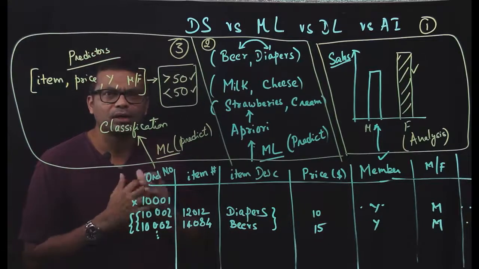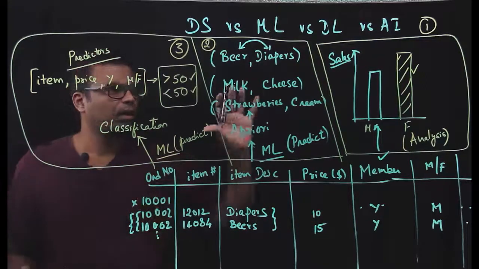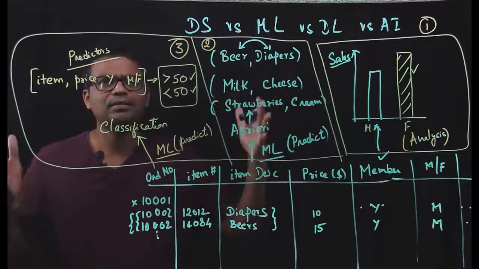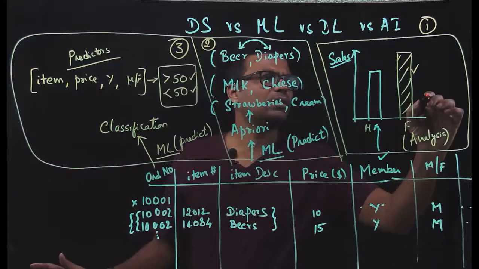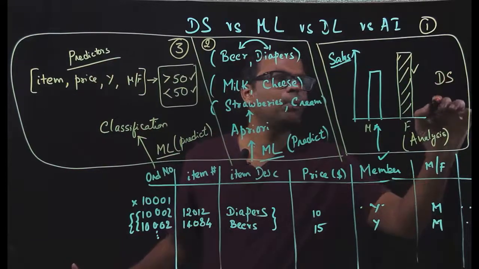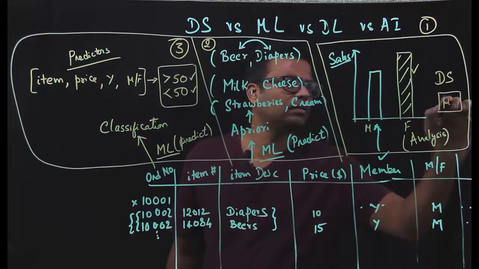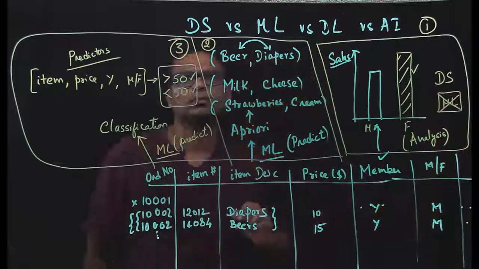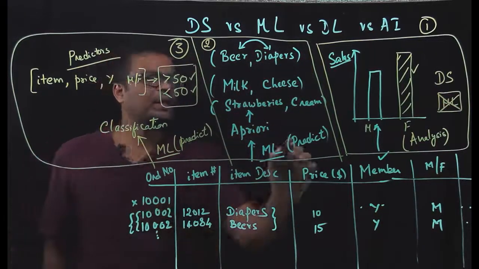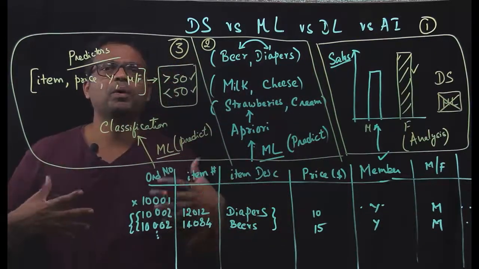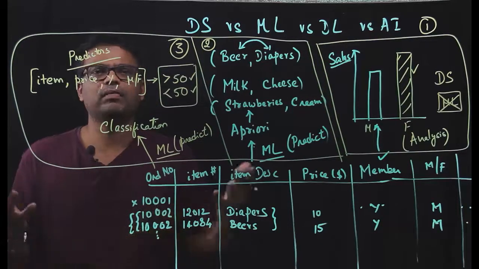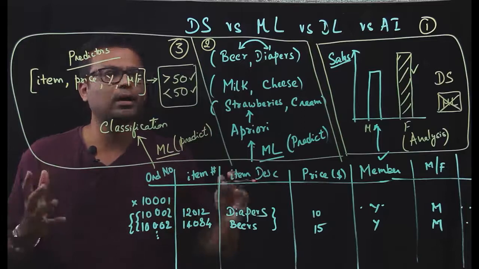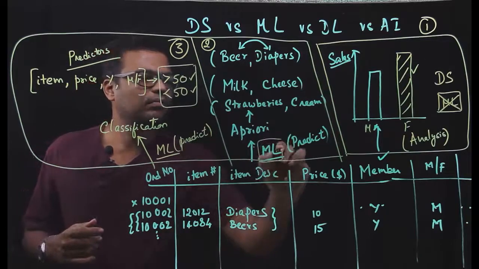So purely in terms of data science, if you're trying to analyze the past or explain the past, it's called analysis, and this is part of data science, but not machine learning. But in cases like this, where we are trying to predict the future or future buying patterns, when you're trying to predict, this is a classic case of ML.